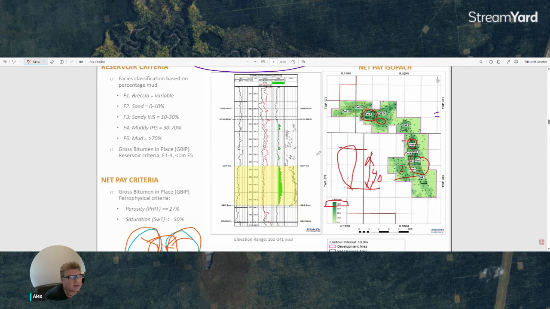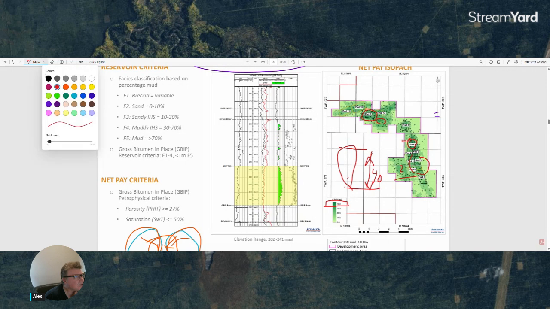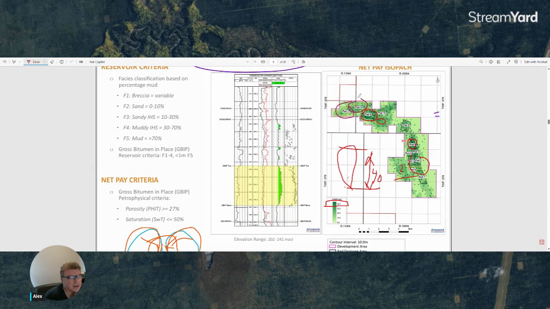But you see in their development area, what they're telling us is they're going to go 11, 10, 12. So they want to stay in this region more, which tells me that the pay height in this case, or gross bitumen in place, GBIP, is better here, right?